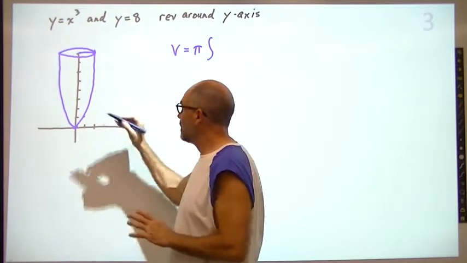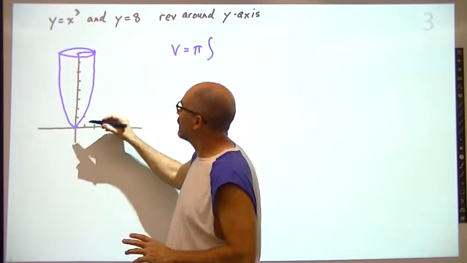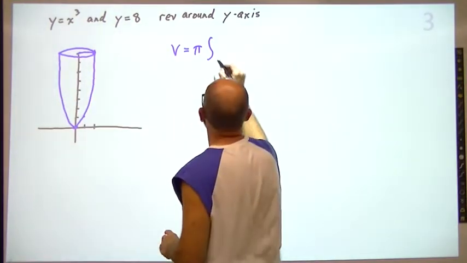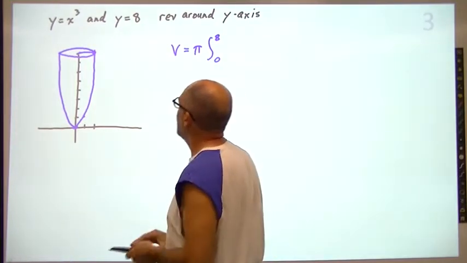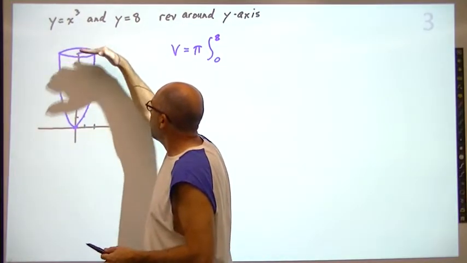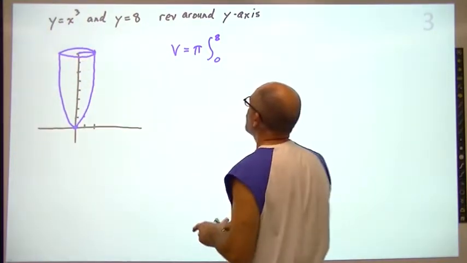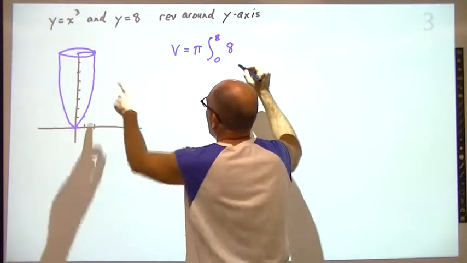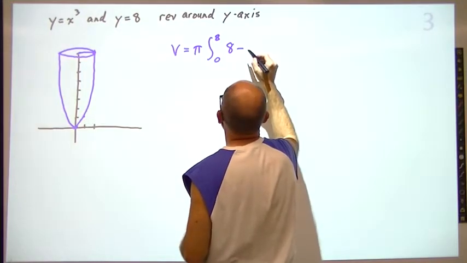Remember, our thickness is a dy. So we have to go from y equals 0 to y equals 8, of, now what we do is we say top minus bottom. So the top function is y equals 8, and the bottom function is y equals x cubed.